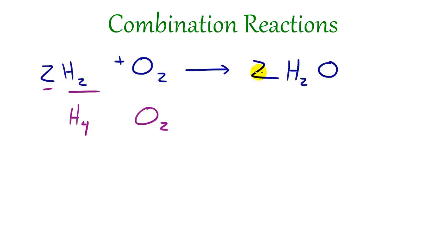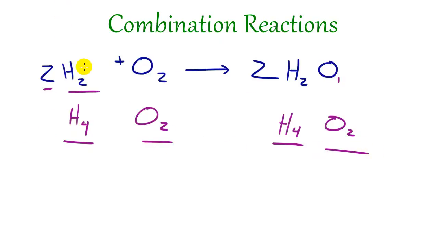Now, if we take a look at the final product, we have 2H2O, which pretty much means we have 2H2, so H4, 4 atoms of hydrogen, and 2 oxygen. Remember, if there's no number written here, it's just implied that there's a 1. So we pretty much have 2 oxygen atoms. So when we look at the final, it says we have 4 hydrogen, 2 oxygen, 2 oxygen.